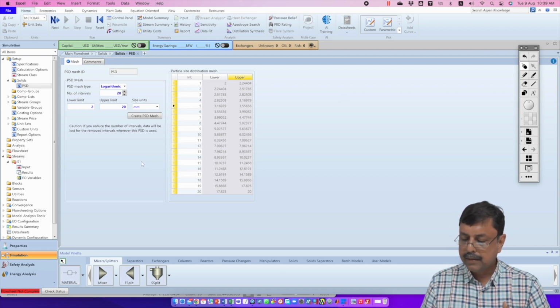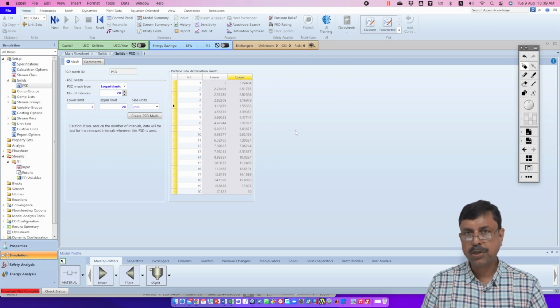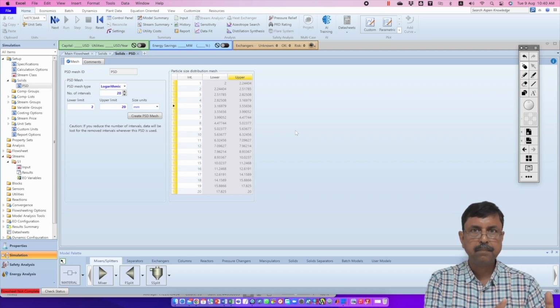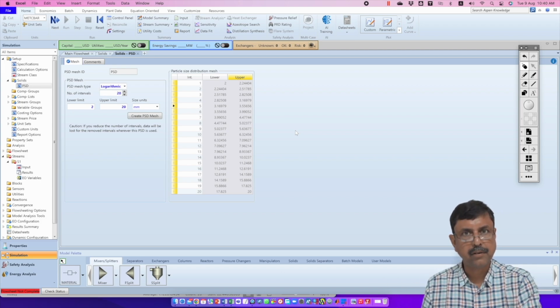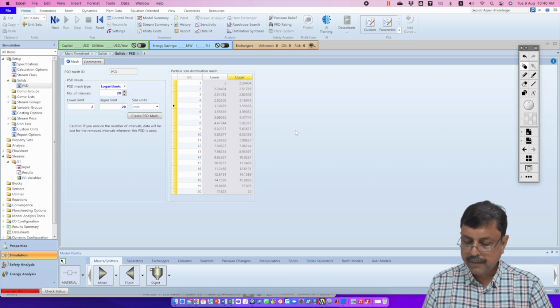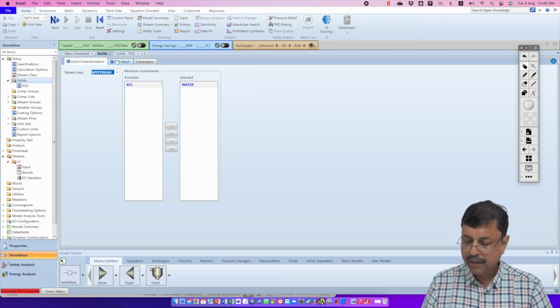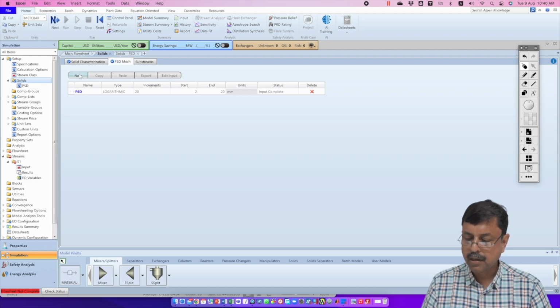Okay. Now, you may not have a single particle size distribution. For instance, you have a potassium chloride powder that has one particle size distribution and coal that has a different particle size distribution. Okay? In such a situation, you can create multiple such particle size distributions using this new.